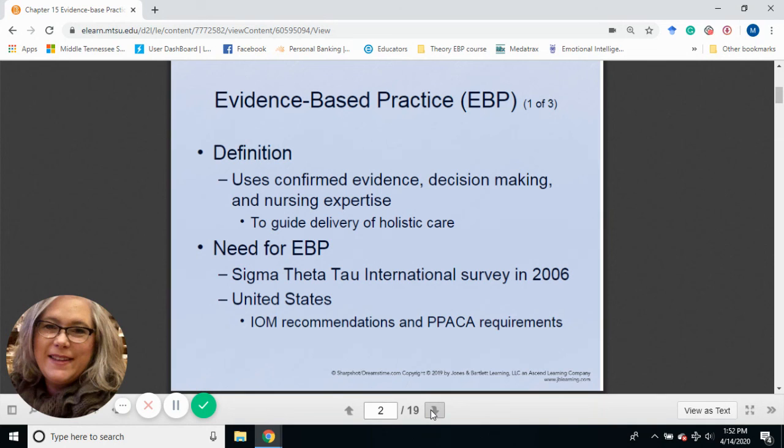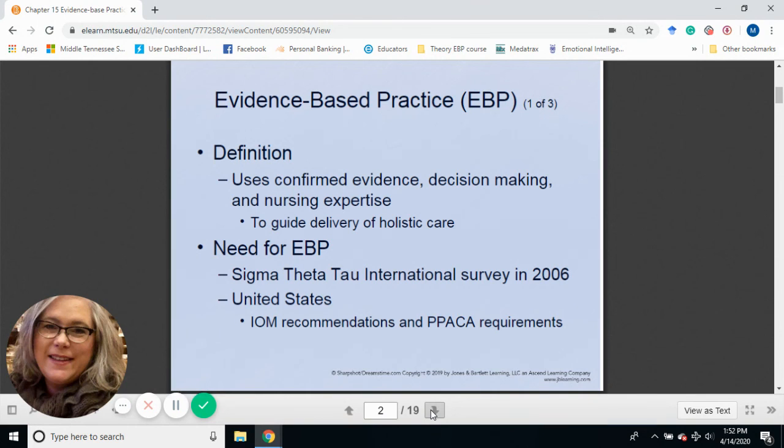So our definition of evidence-based practice: use confirmed evidence, decision-making, and nurse expertise to guide holistic care to provide higher quality of care, looking at problems that currently exist in the healthcare setting in your practice and making it better. We need evidence-based practice because we need to understand what's happening at the bedside.